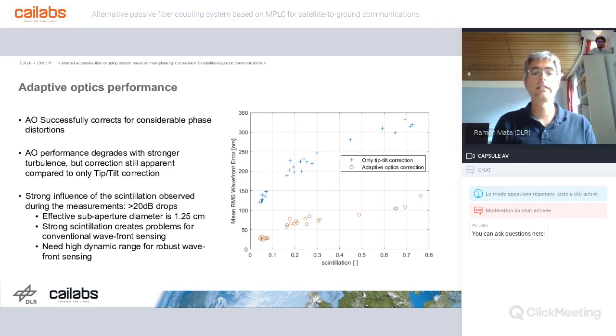We had scintillation drops of more than 20 dB. We had a subaperture diameter of around 1.25 centimeters. So during this strong scintillation, some of the subapertures, as was shown before, were not illuminated. So we had a really high dynamic for the wavefront sensor.